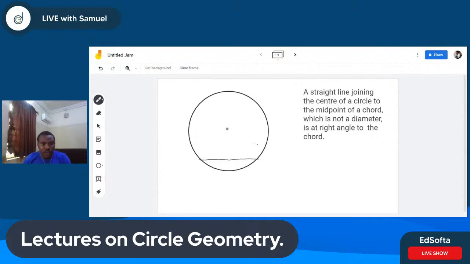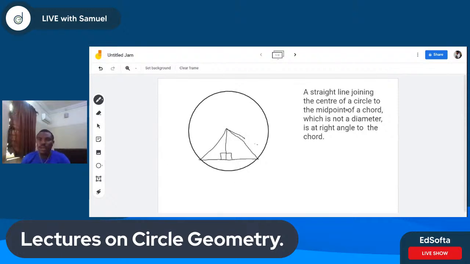So if we pick this point as our midpoint and draw a line to the point, that will be our radius. And we try to draw another line to this point, that's also a radius. So what they are telling us is that if we draw a straight line down, this place is equal to 90 degrees.